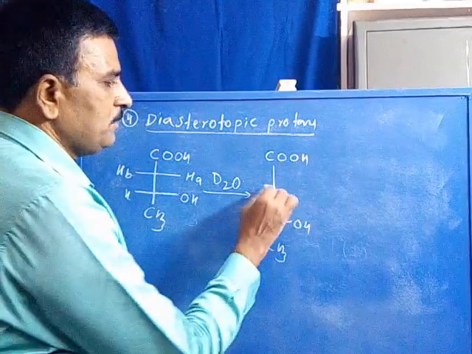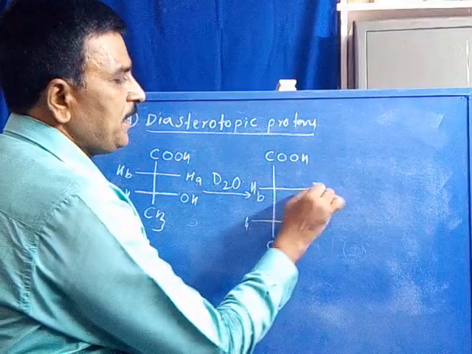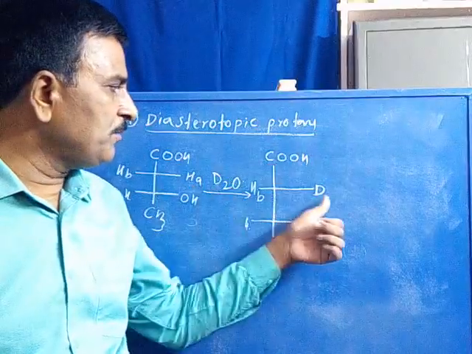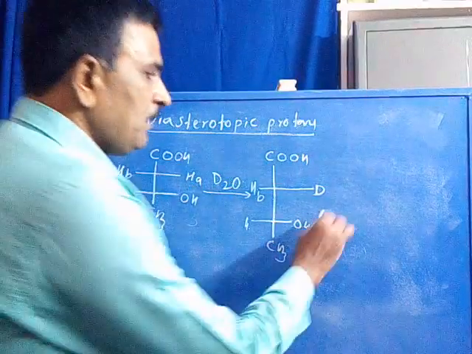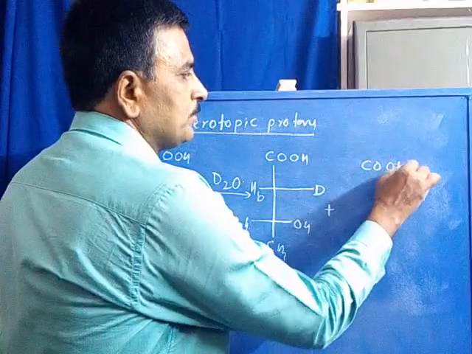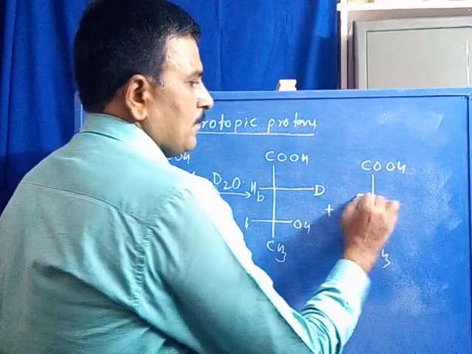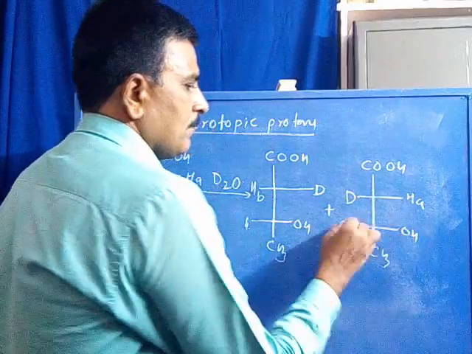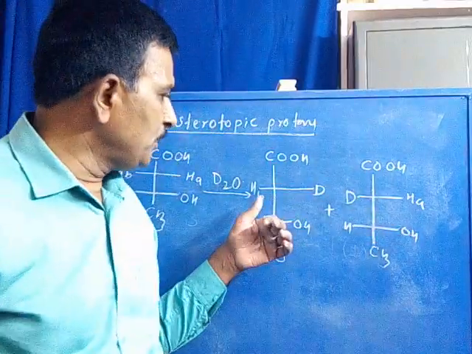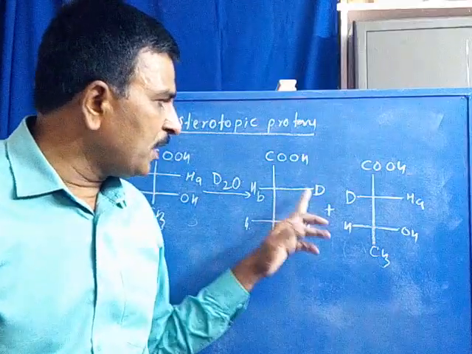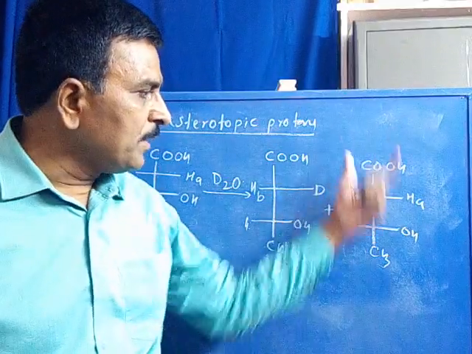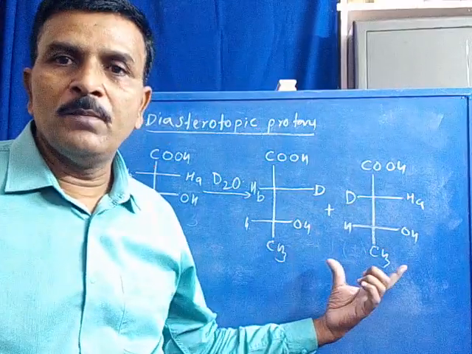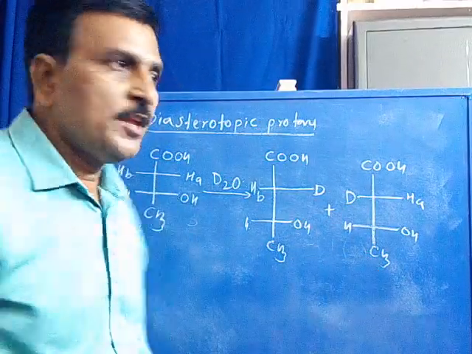Once HA is replaced with deuterium, we will get the first isomer. If the B proton is replaced, the remaining part is the same, you can observe. Now in the first isomer, the A proton is replaced by deuterium. In the second isomer, the B proton is replaced with deuterium. We will get the two isomers. These are a pair of diastereomers.